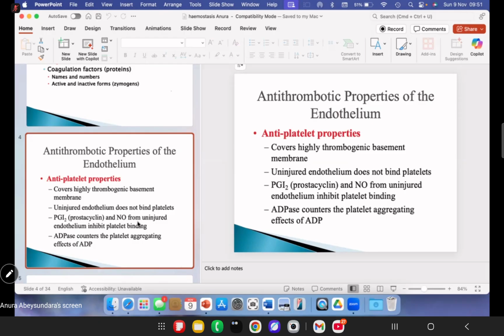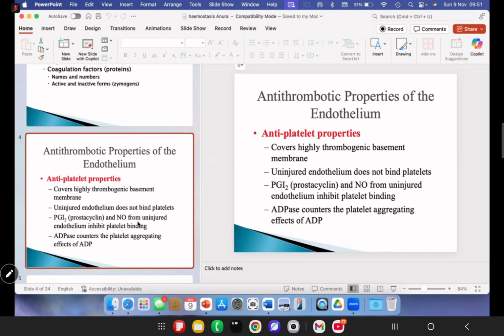Understand? It is nitric oxide, which is a dilator. The endothelium inhibits platelet binding. And the other thing, it has ADPase, which counters platelet aggregation.